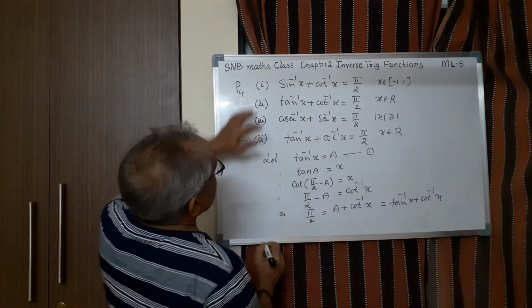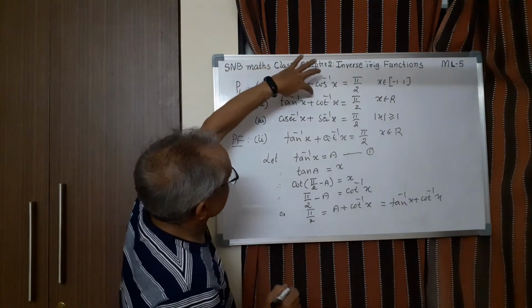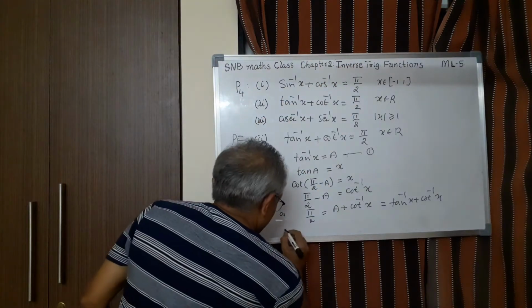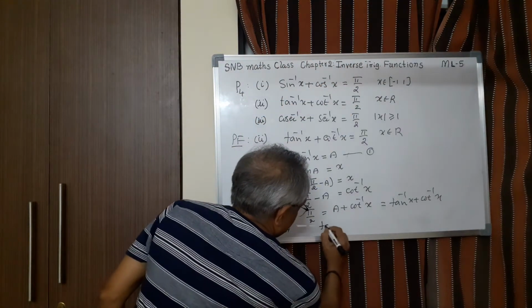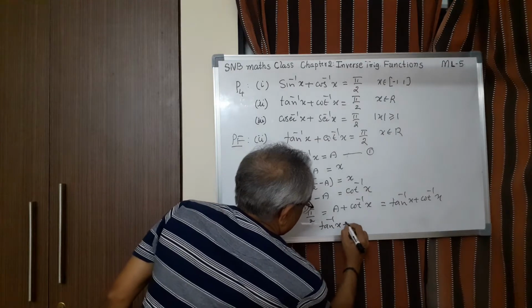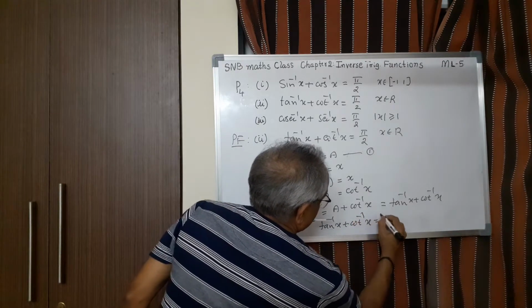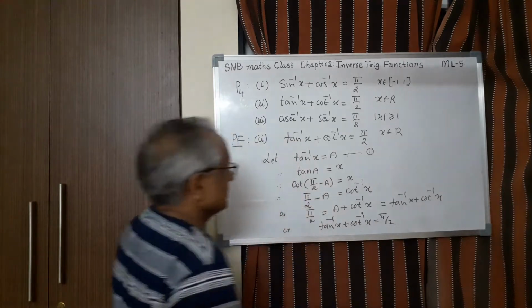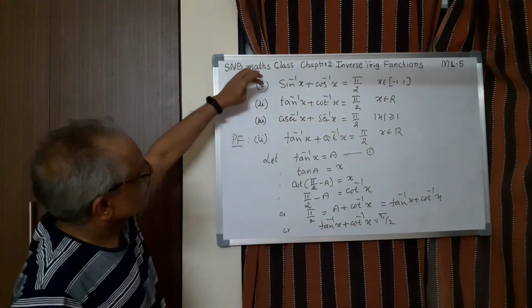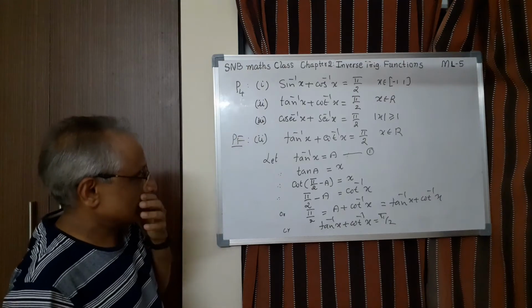Or we can write, because the relation is given, this is left hand side, this is right hand side, tan inverse x plus cot inverse x equal to pi by 2. So this is the relation. Exactly same way you can prove the first one and the last one.